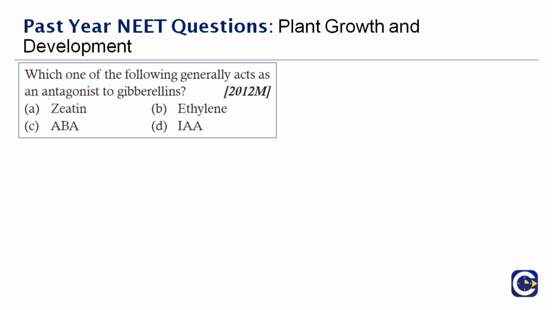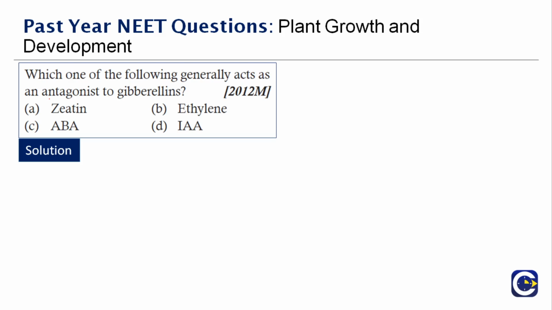Next question here. Which one of the following generally acts as an antagonist to gibberellins? Okay, what do you mean by antagonist? First, let's discuss that. When you study bacteria, there is a scenario called antagonism. But what is the general meaning of antagonist?